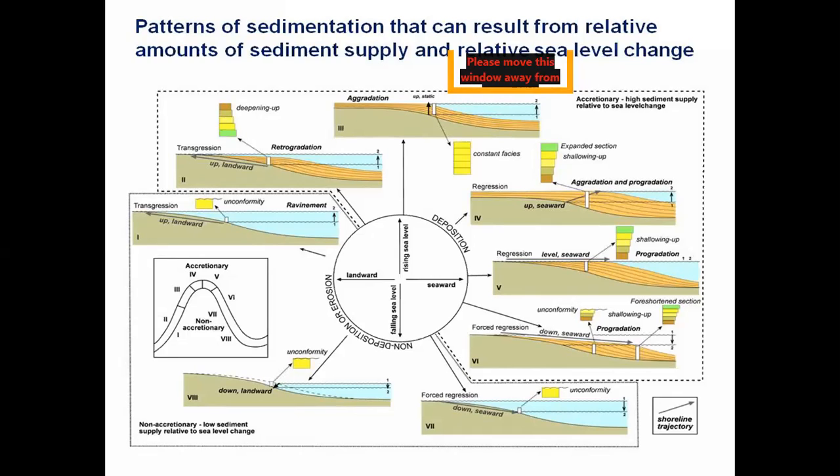And in case 6, forced regression, the sediment supply is not so much, but the sea level is falling.